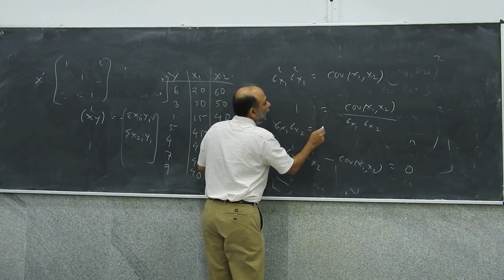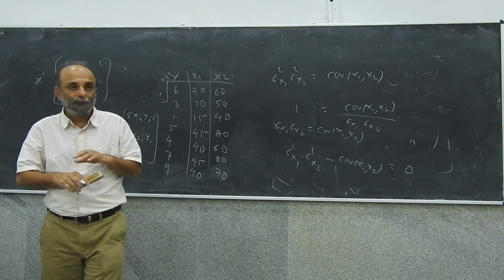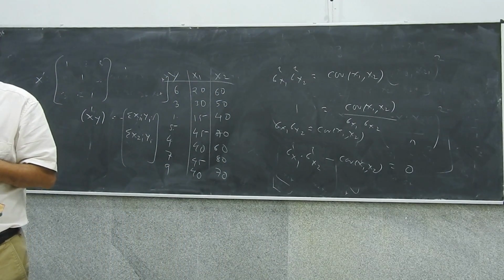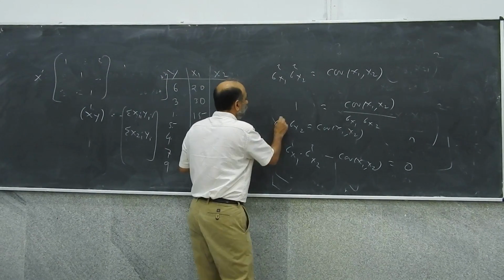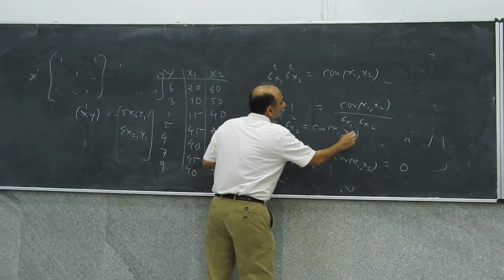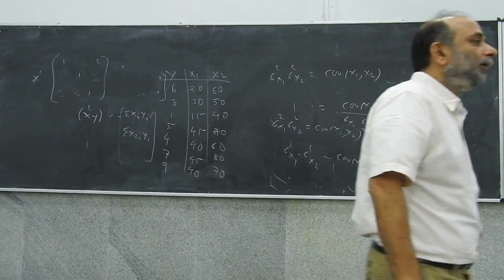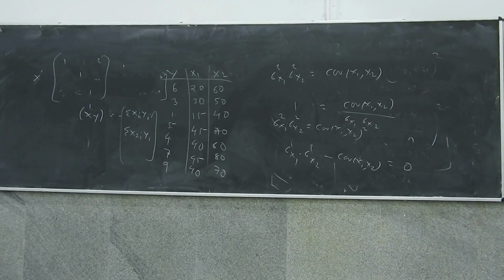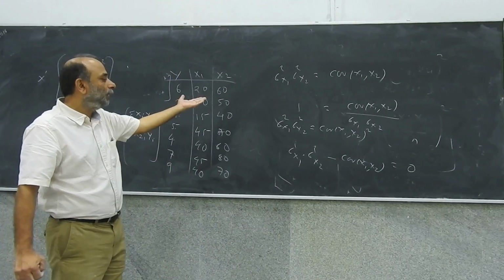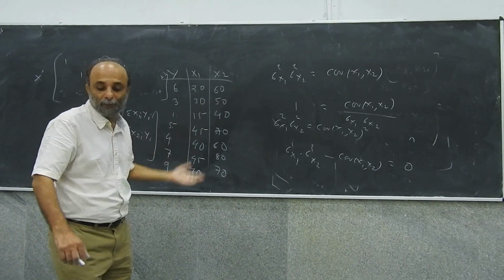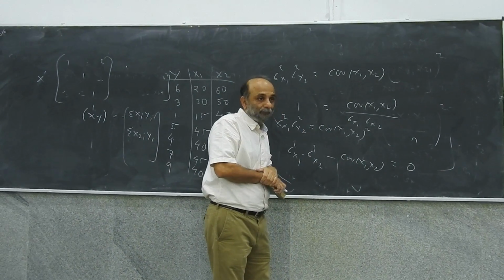Sigma x1, sigma x2 is covariance x1, x2. Or if I square this, sigma 1 square, sigma 2 square is covariance x1, x2 square. So I will get this equation, right?